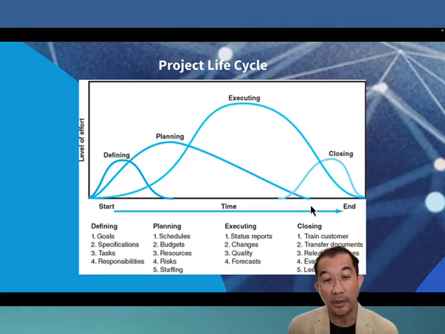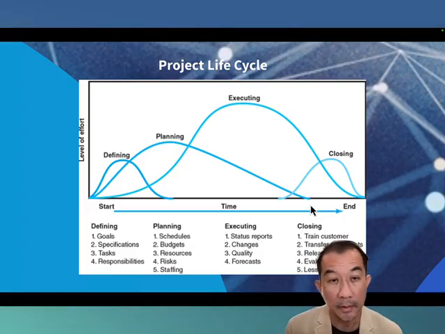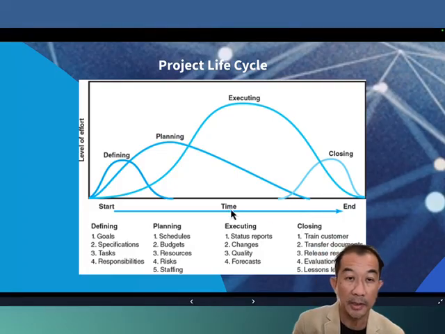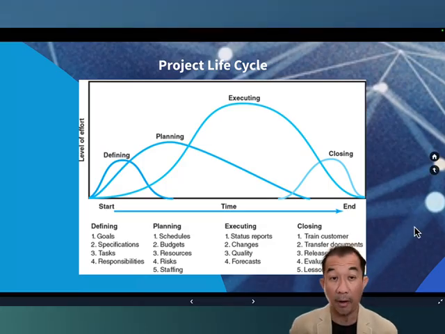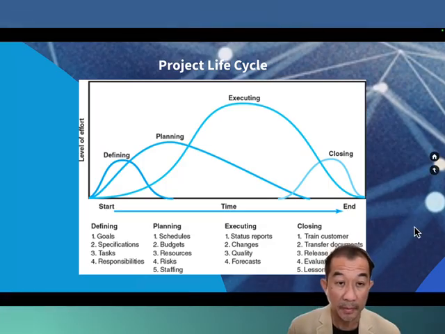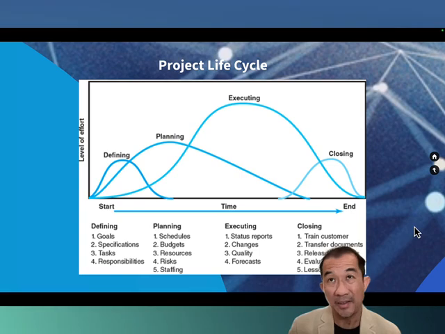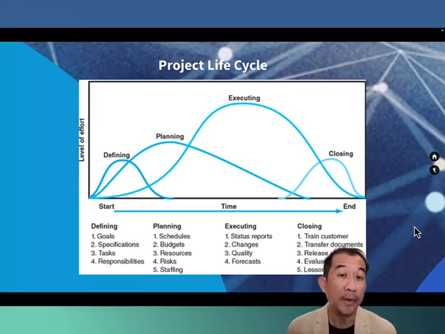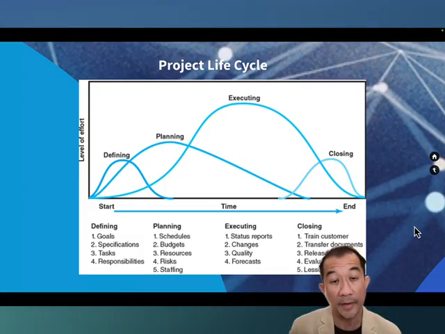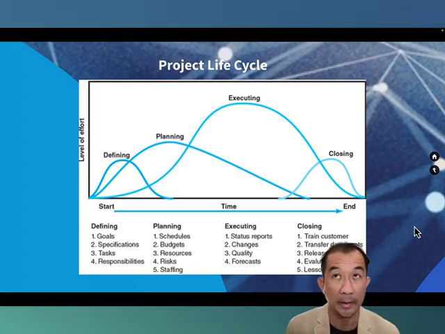The planning stage, as you can see, is the longest process, taking place from the beginning as well. So you might ask, are these stages, defining and planning, occurring at different time frames? No, they're actually overlapping. While you're defining, you're also conducting planning in parallel.